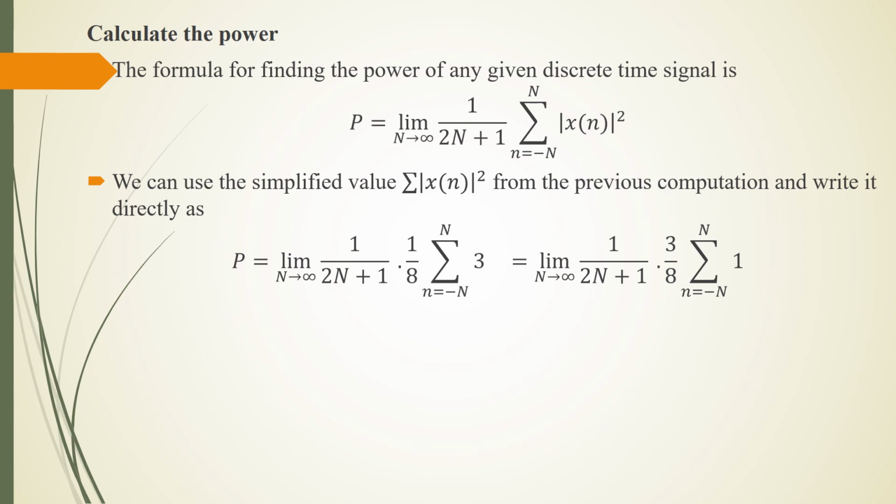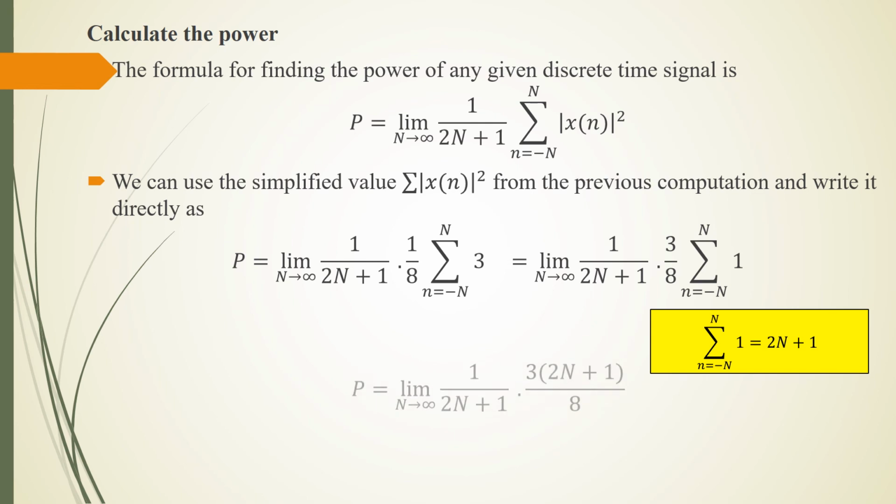We can take this 3 outside the summation, so it becomes 3 by 8 summation minus n to plus n of 1. We know that the summation of 1 from minus n to plus n is 2n plus 1. It's 1 plus 1 plus 1 and so on, so many ones from minus n to plus n. So it is 2n plus 1.